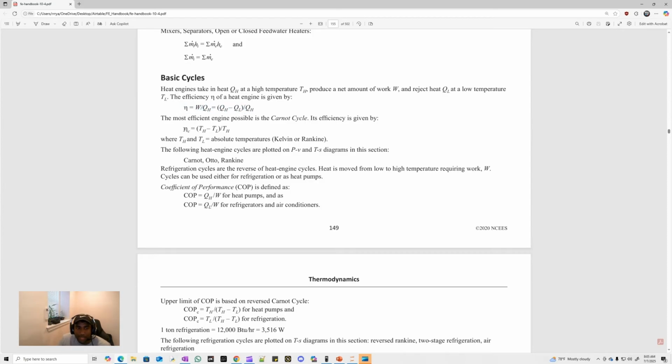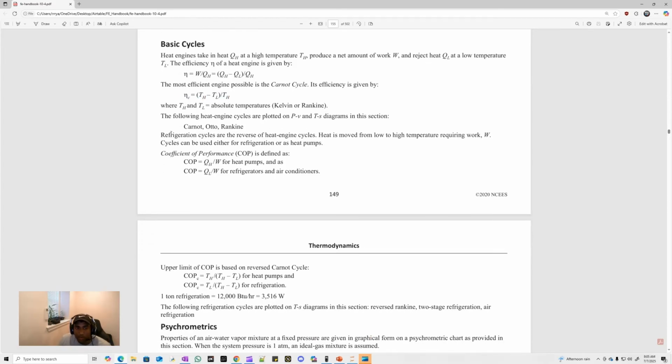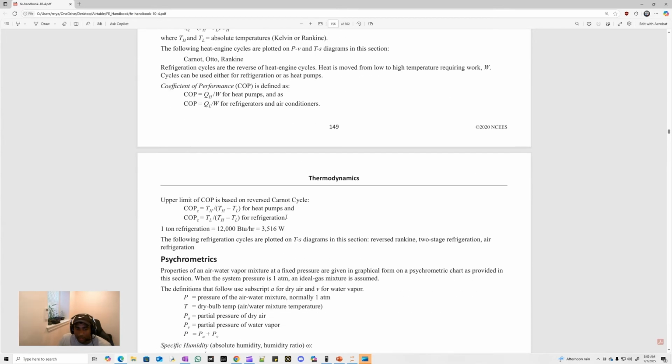That's the eta. The Carnot cycle represents the most efficient heat engine, and it comes from that idea of the temperature ratio being equivalent to the heat ratio. And there's also a COP for heat pumps, refrigerators, and air conditioners, and you can see that there's also the Carnot efficiency associated with those.